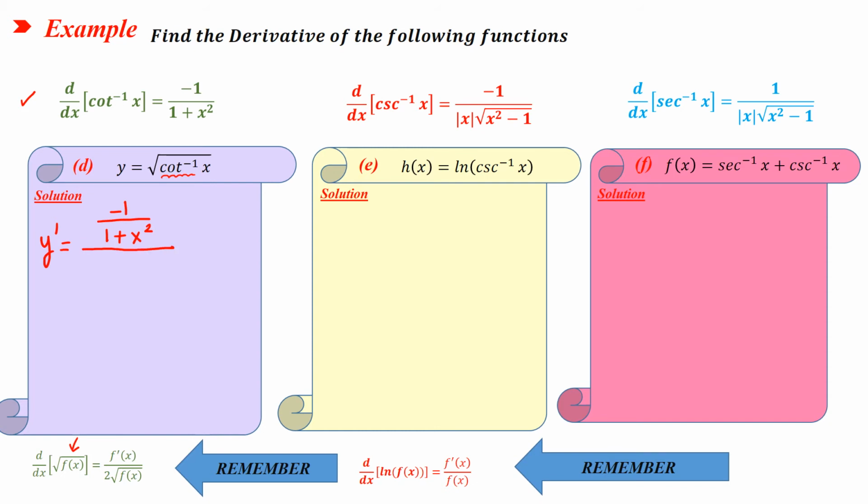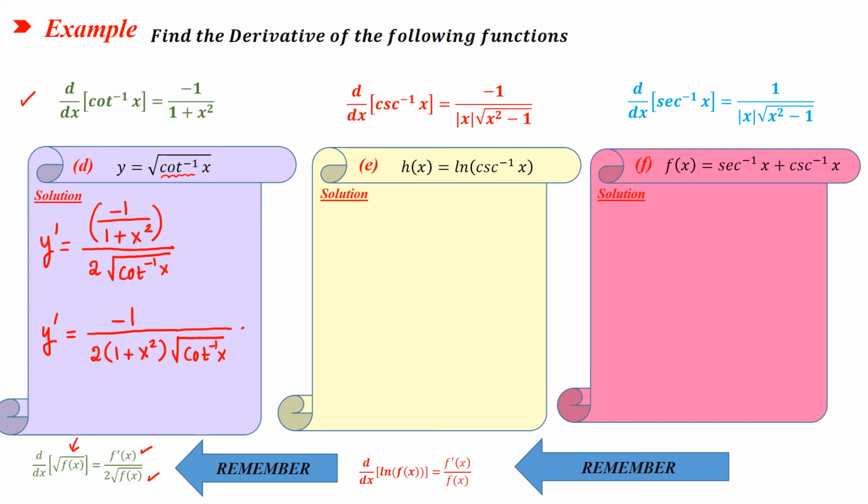This is f prime of x divided by 2 multiplied by the square root of the inside function, so 2 multiplied by the square root of cotan inverse of x. Now you have to combine the denominators and you will get minus 1 over 2 multiplied by 1 plus x squared multiplied by the square root of cotan inverse of x.